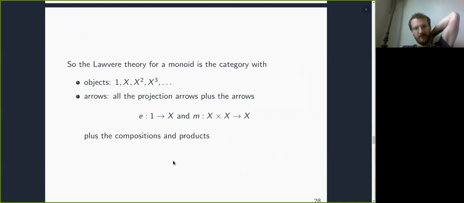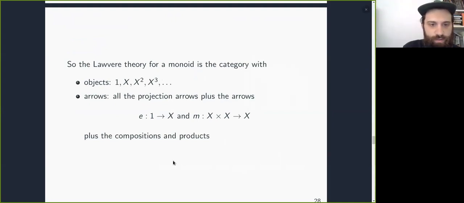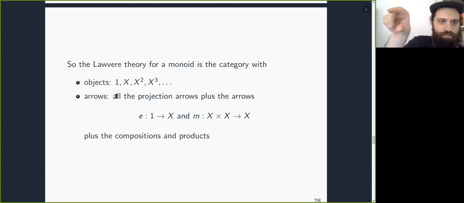Cool. Okay, so if we break it all down, a Lawvere theory for a monoid is a category. Its objects are x to the 0, x, x squared, x cubed, and so on. The arrows are all of those projection arrows. I don't know if you guys remember those projection arrows, but once you have products, you have projections where, if you have a tuple, you can project whichever one in that list down to itself.